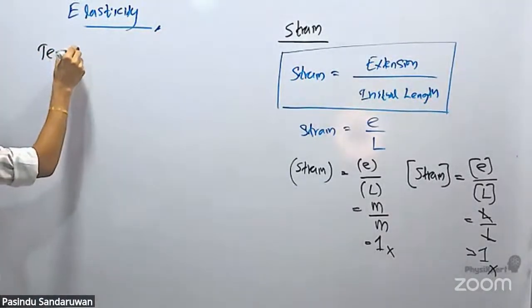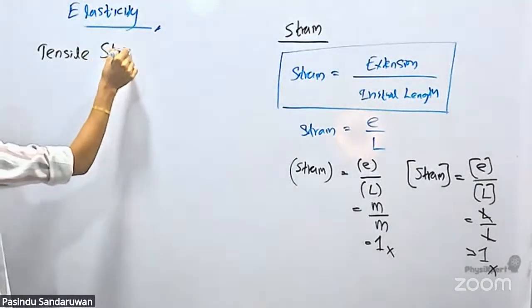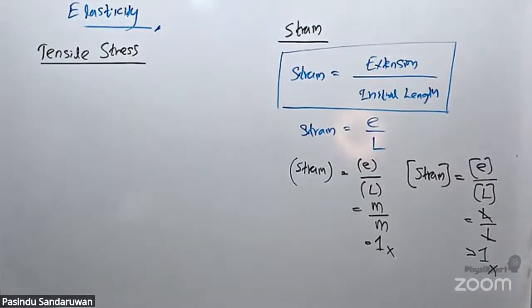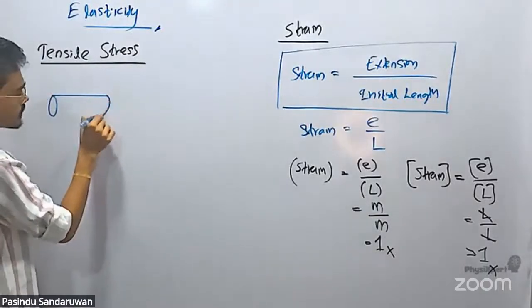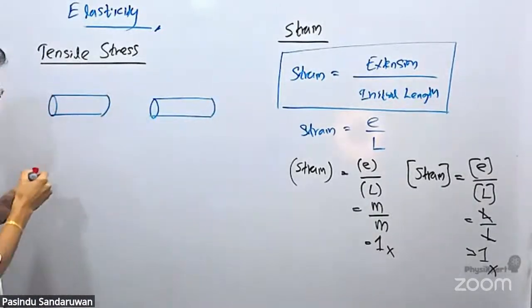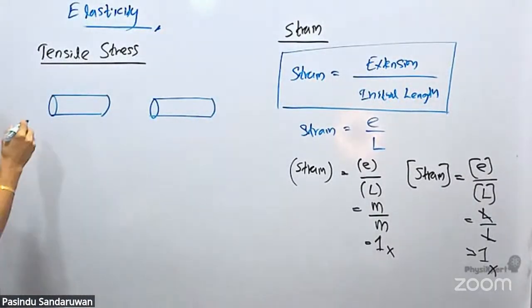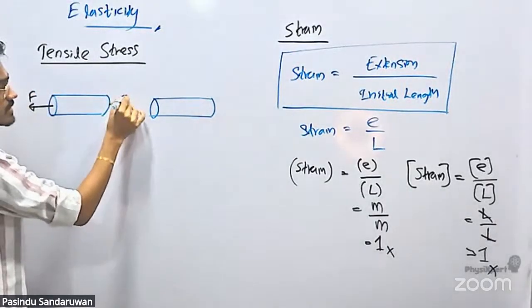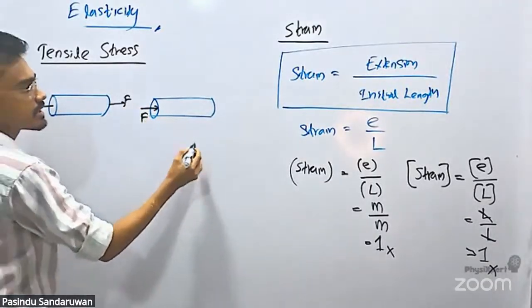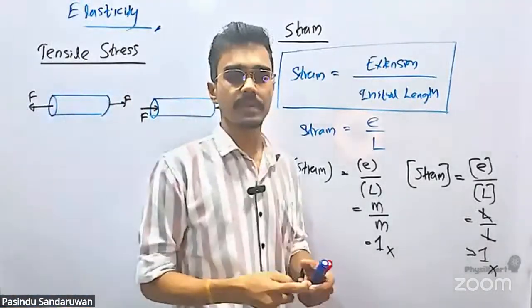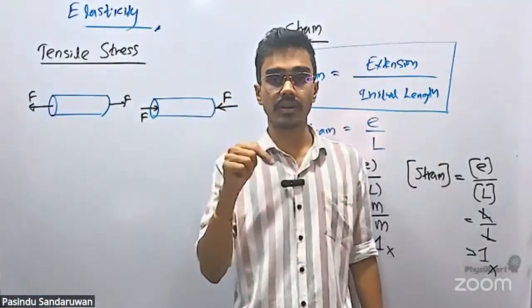Tensile stress. Look at the board. If a force is applied to an object parallel to its length, can be either way like this, such forces are called tensile forces.